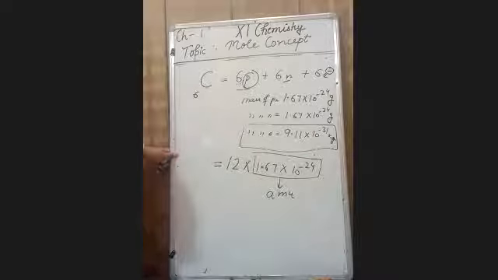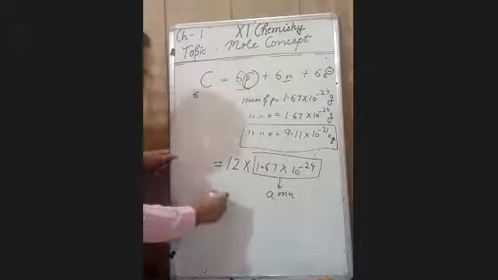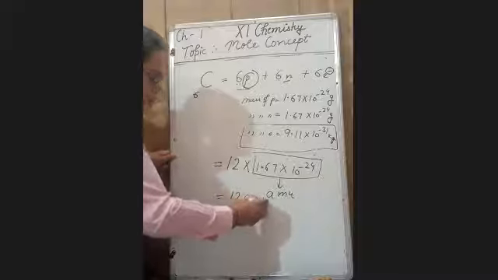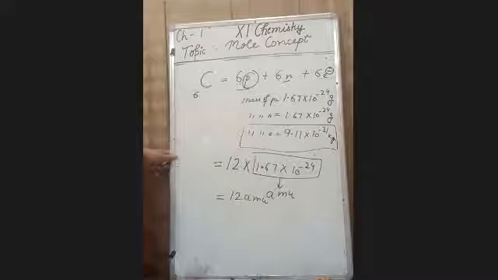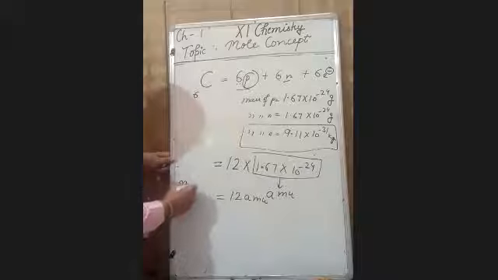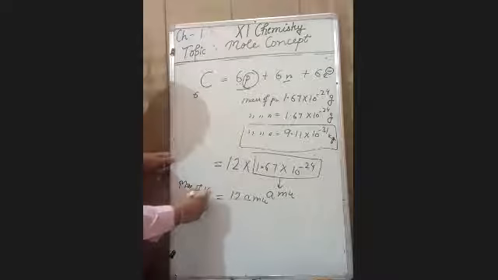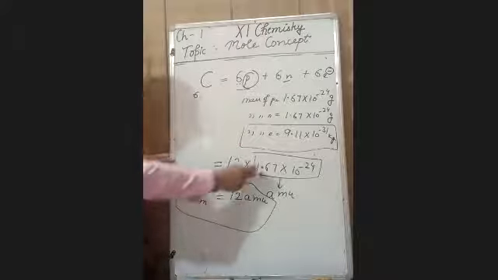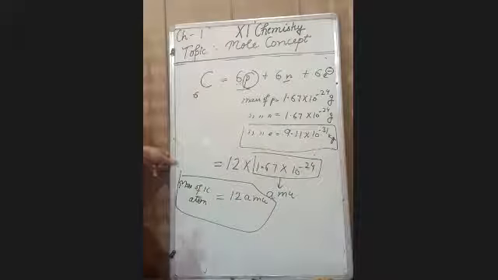So the mass of one carbon atom is equal to 12 AMU or 12 into 1.67 into 10 raised to power minus 24.